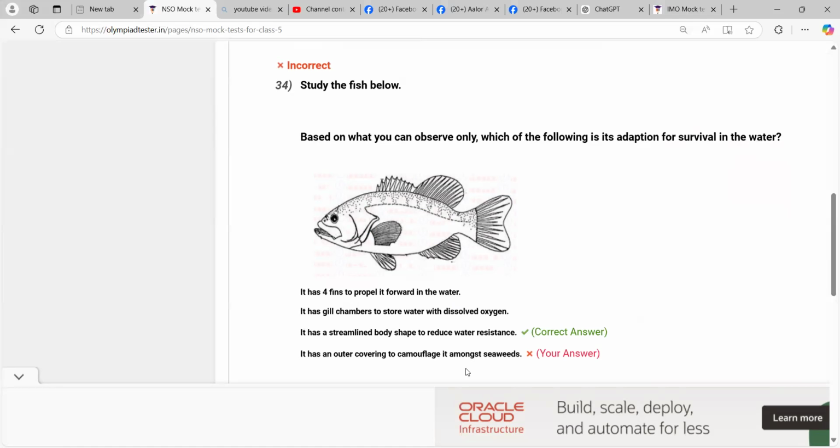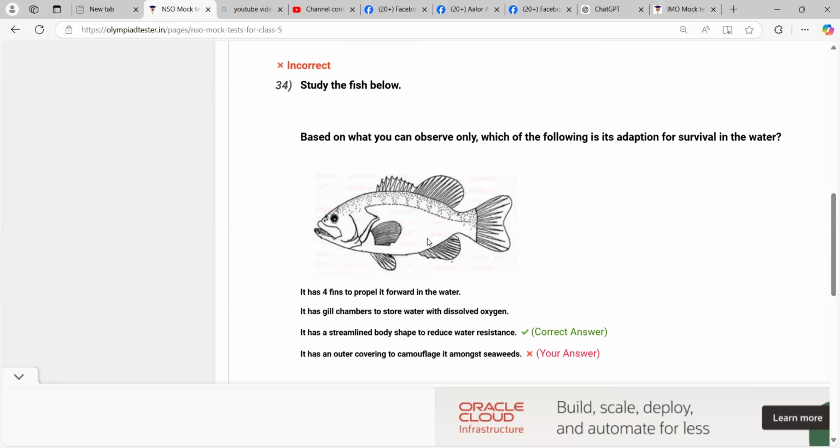Obviously, this one will be the correct answer, because the fish needs to move around in the water without getting any resistance from the water. That is, without getting any opposition from the place where it is staying. The medium where it is surviving is water.